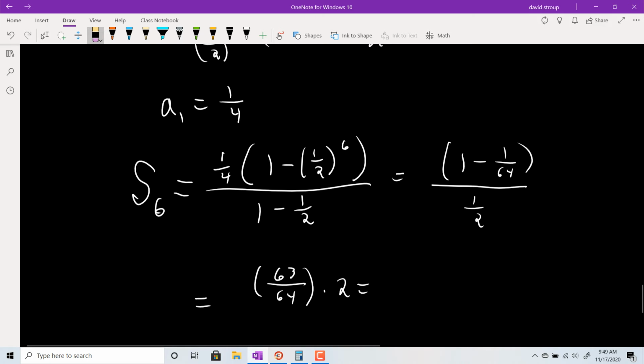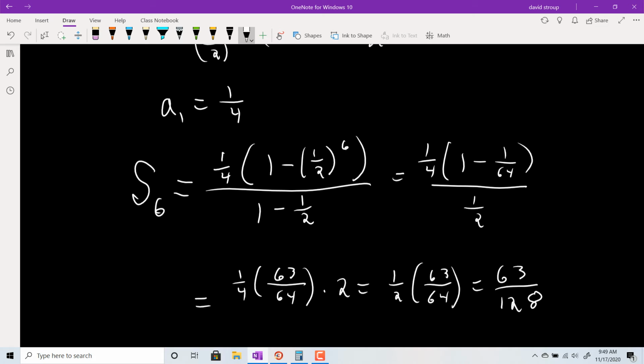On the test, I'll give you this formula if we need it. So that would be 1/2 times 63/64ths, so 63 over 128.